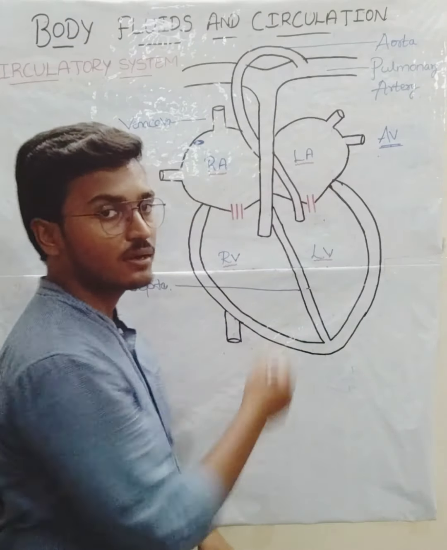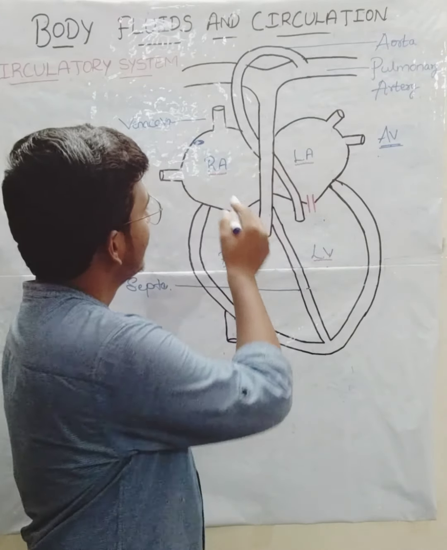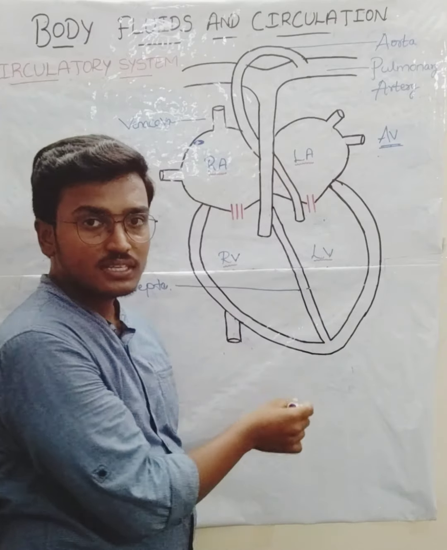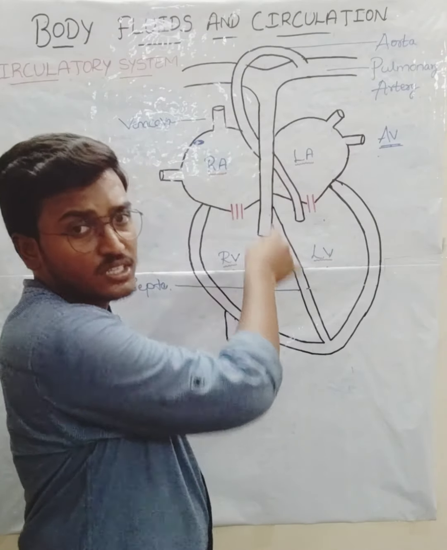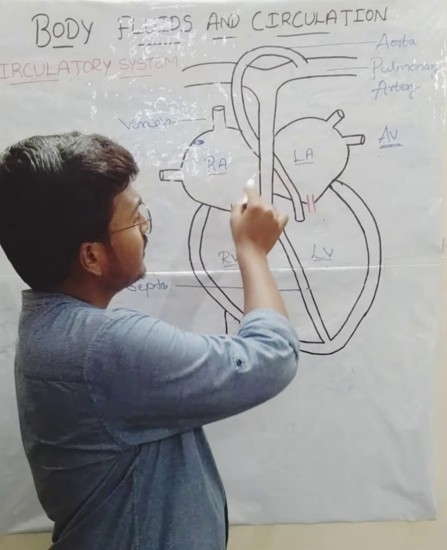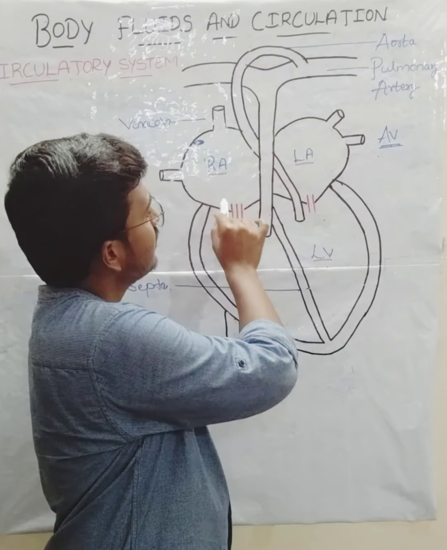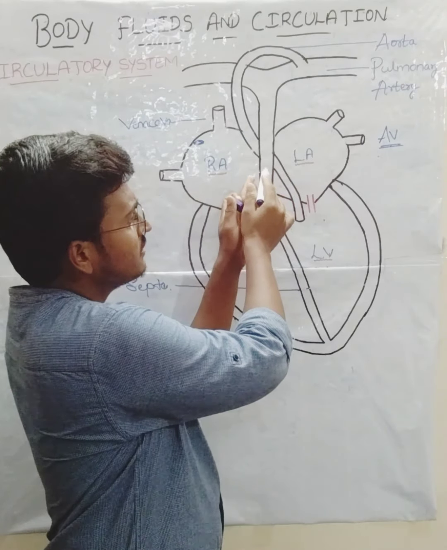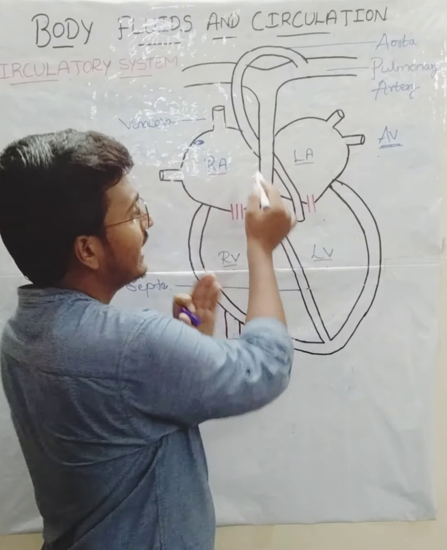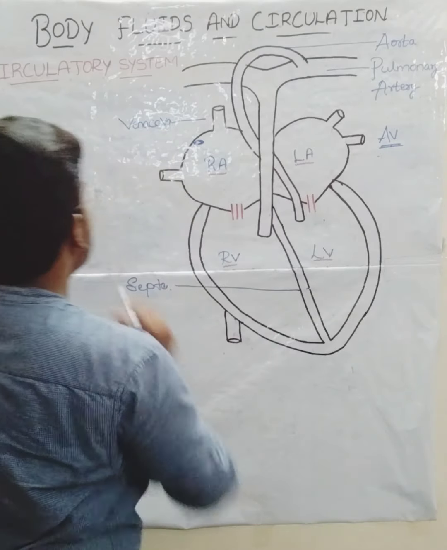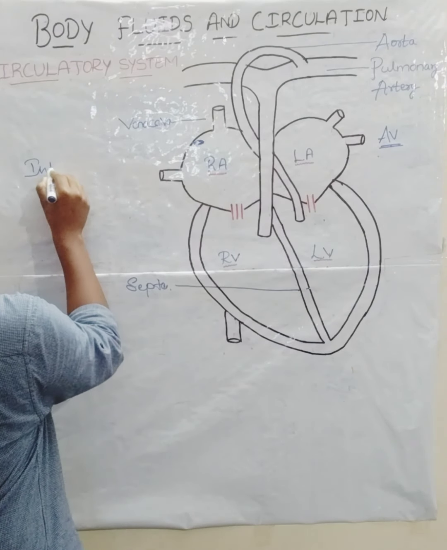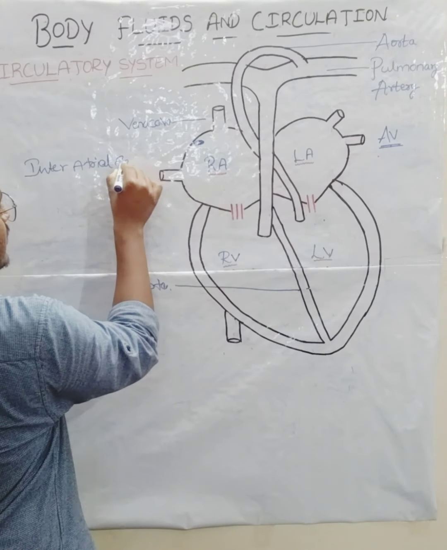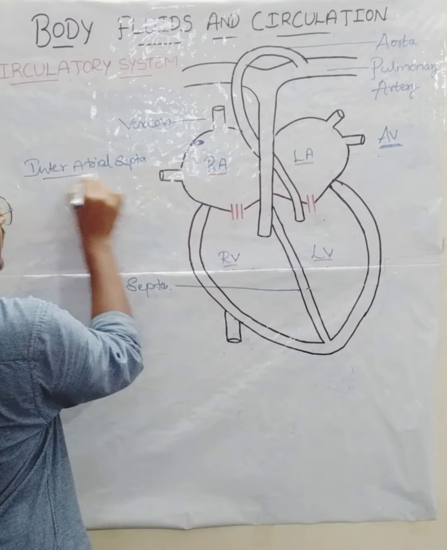Coming back to the topic, that is the right auricle and the left auricle. I told you that the septa is present and extends towards. The septa present between the two auricles, the right auricle and the left auricle, we call the interatrial septa.